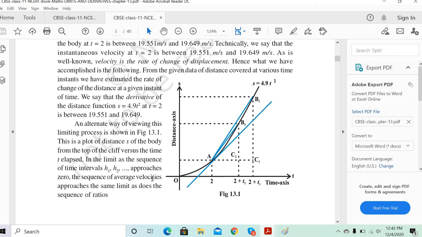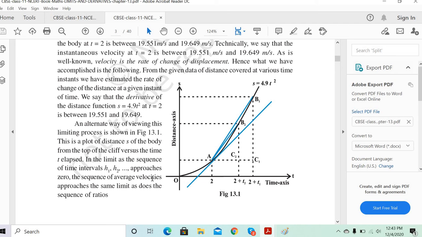So the instantaneous speed at the point A is called the derivative of this graph at point A. You can write down this part. The speed from the distance-time graph at the point A will be given by the slope of the line, or the slope of the tangent at the point A. Clear?